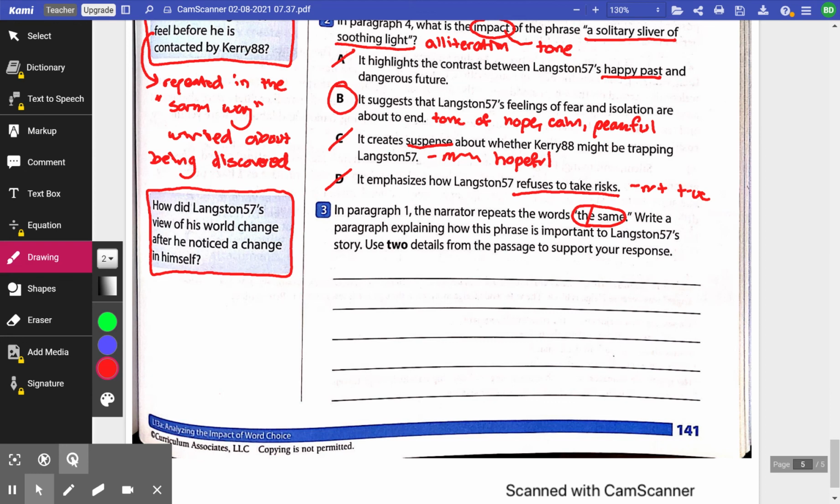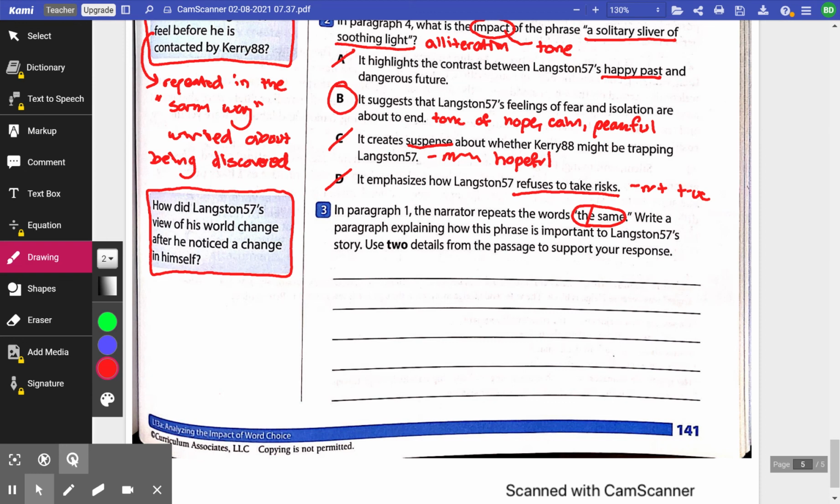So my answer says, Langston 57 repeats the same to emphasize the contrast between his former and current lives. He says, for a long time, every day seemed the same to me.